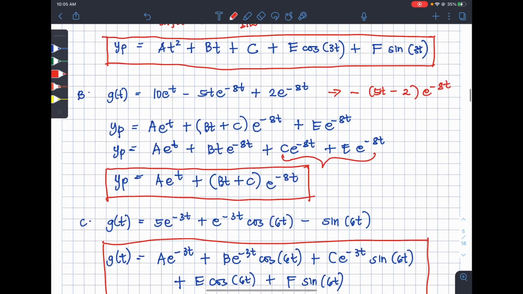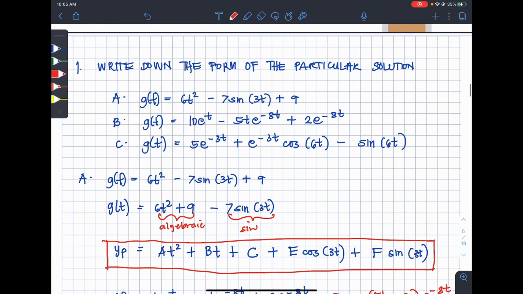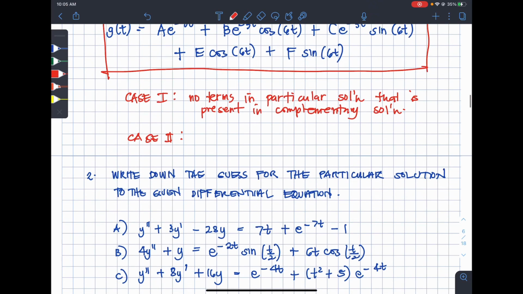Although dun sa una hindi man tayo naghanap ng particular ng complementary kasi ang binigay lang is the g of t. So dito naman sa case 2, there are terms in particular solution which are present in complementary solution.